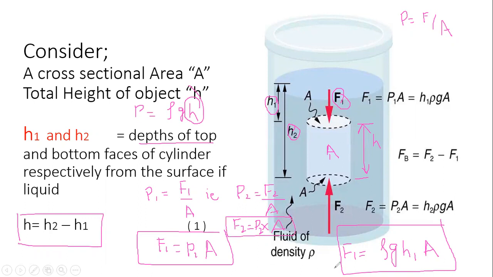So F2 equals rho g h2 into A. So this is F1 and this is F2. So what is F1? F1 is the weight, and F2 is the upthrust force.